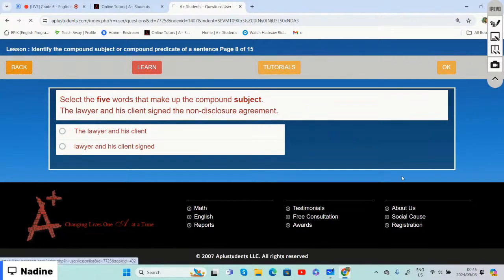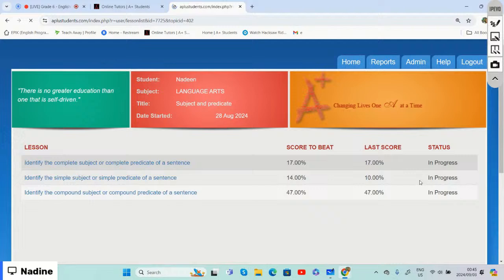All right, so this is now the end of our lesson on subject and predicate.